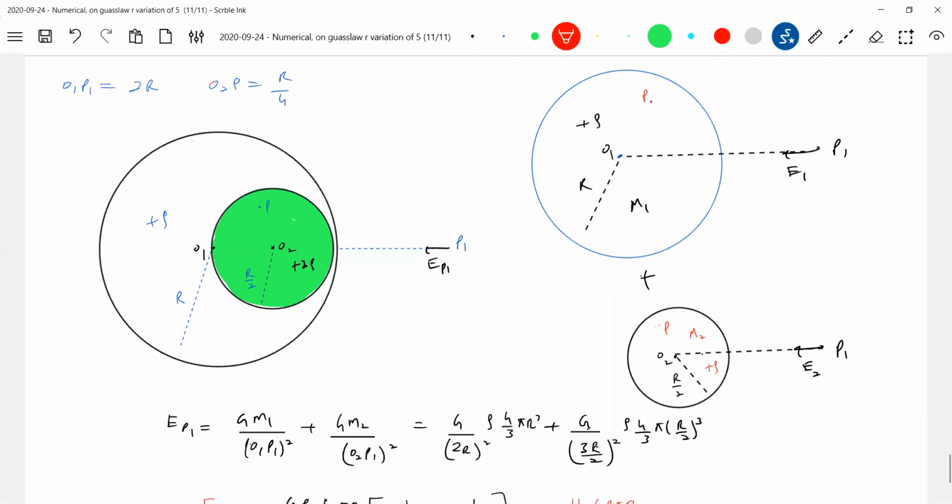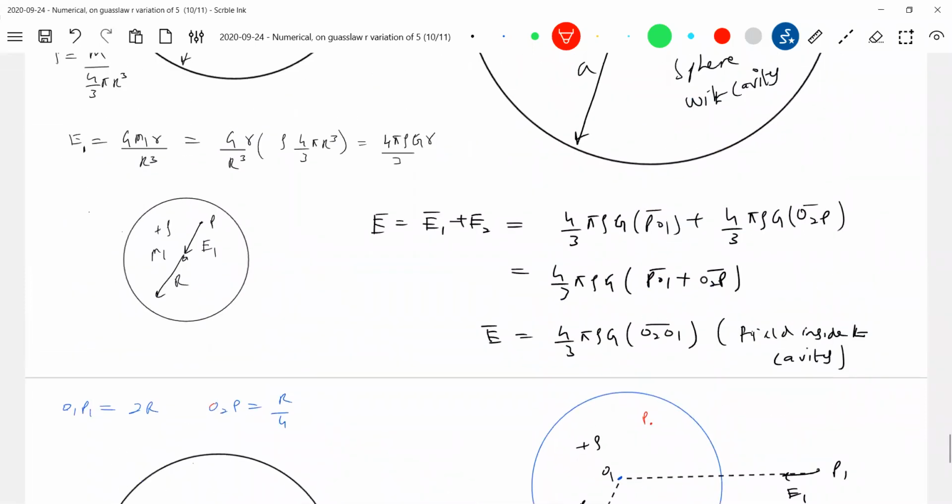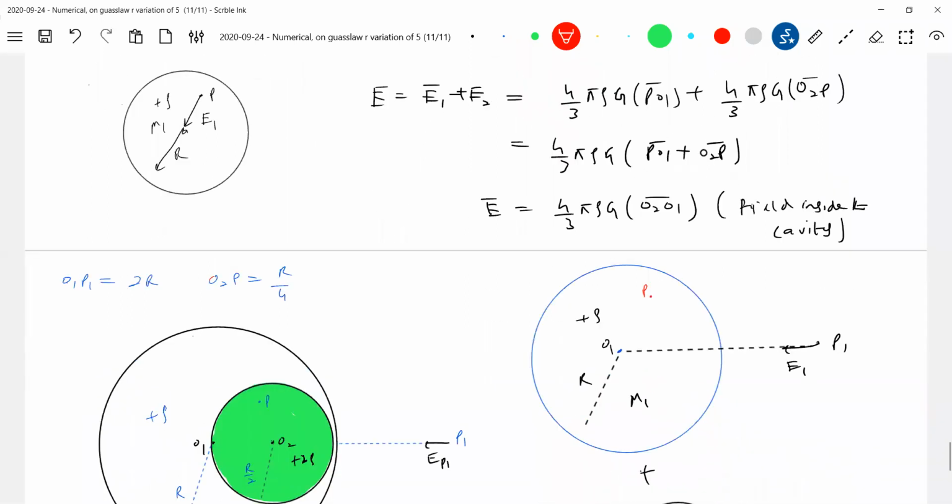Again the same vector method. Field inside the cavity. This point P, I'll show it. So what is the formula? I think we have derived the formula, no? 4 pi by 3 rho G R. What is small r? The distance from where you are calculating. 4 by 3 pi rho G R.